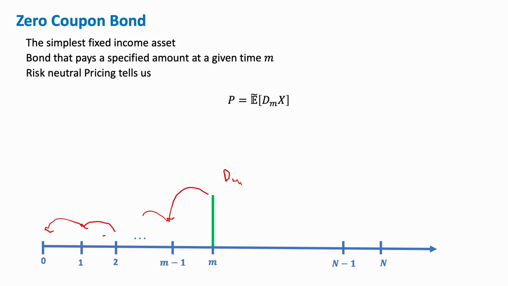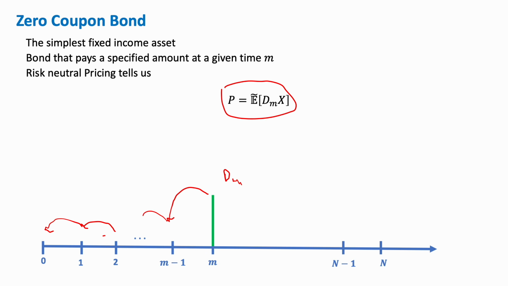So naturally, the price of this cash flow at time M is just given by this expression due to risk neutral pricing, right? It's just the expected value discounted to the present. But then the discount factor is actually inside this expectation.